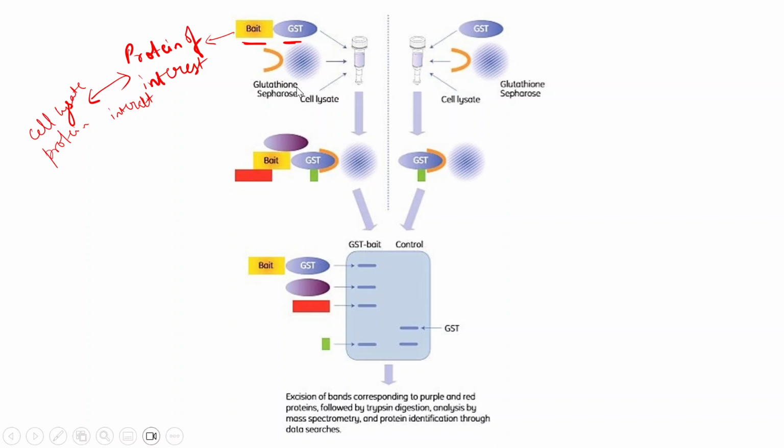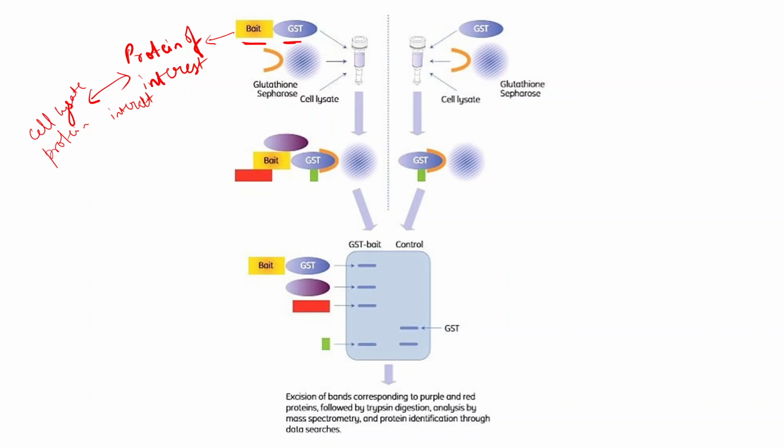Then we'll take the cell lysate, incubate it with the bait and without the bait, and then spin it down. That's why it's called a pull down assay. When we spin it down, everything will settle at the bottom, because these are heavy things. GST is there, bead is there, your proteins will also bind to it, and the bait is also bound to it. So it's a heavy complex, and when you centrifuge it, it will settle down.